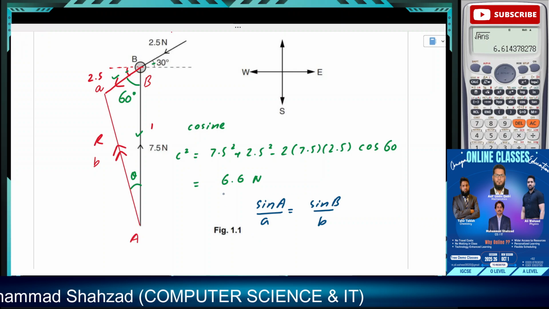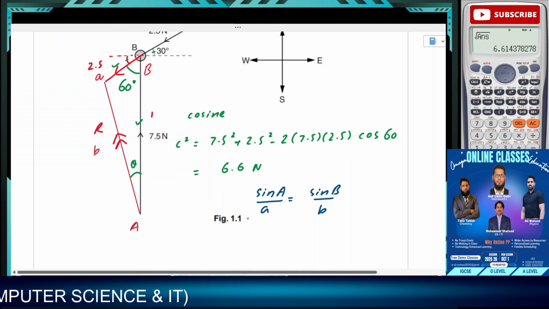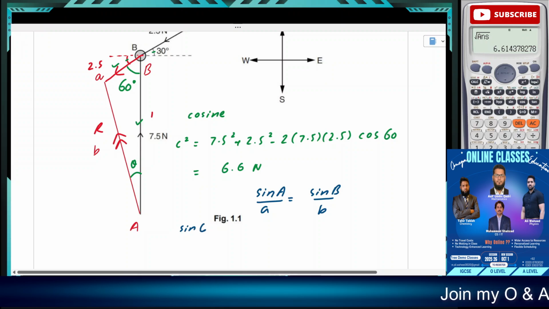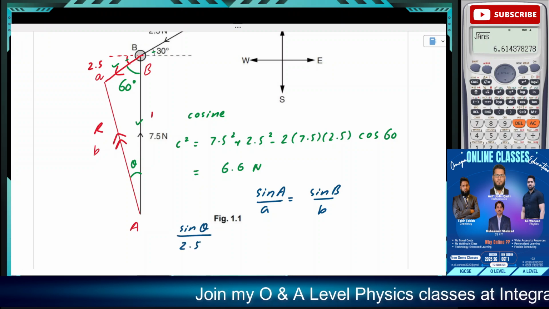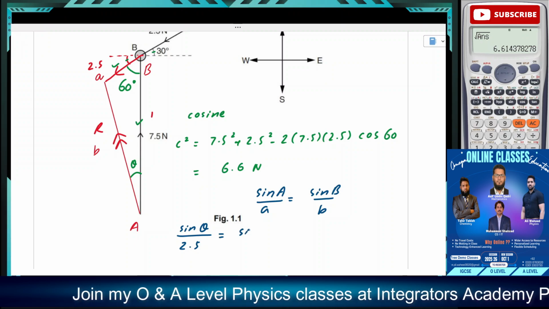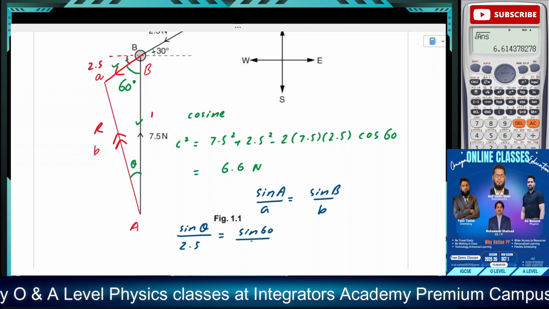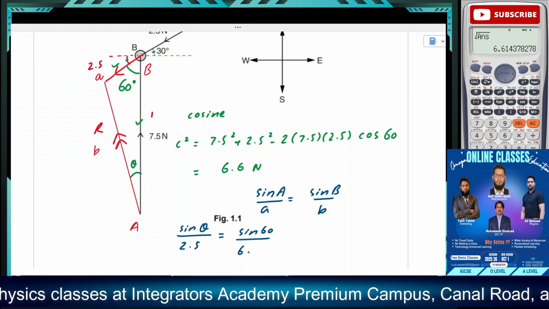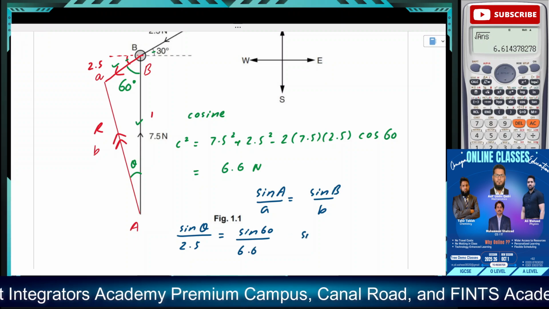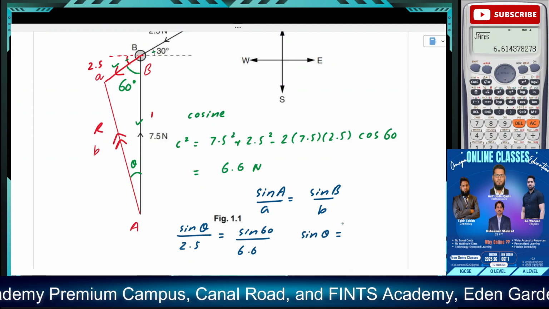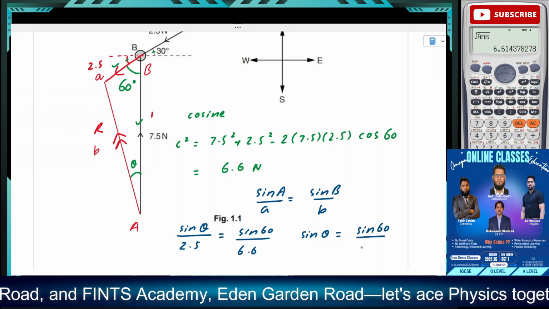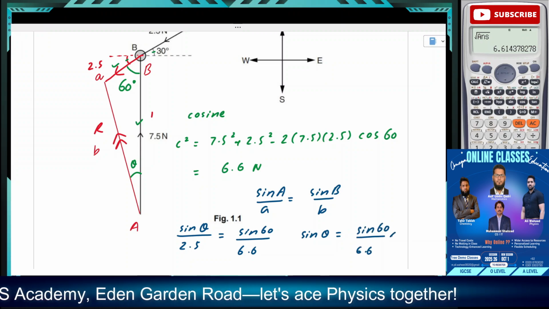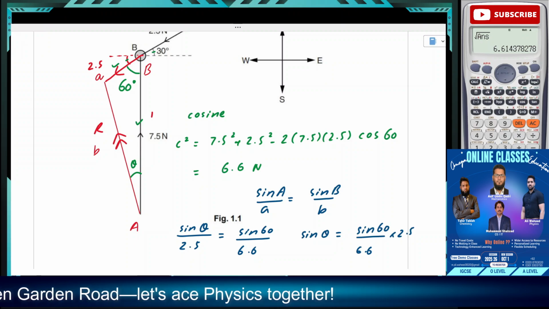What is sine A? Sine A would be sine of angle theta, which needs to be found out. Side A is 2.5, equals sine B would be sine 60, divided by side B would be 6.6. So sine theta equals sine 60 divided by 6.6, and 2.5 would be shifted on the other side.